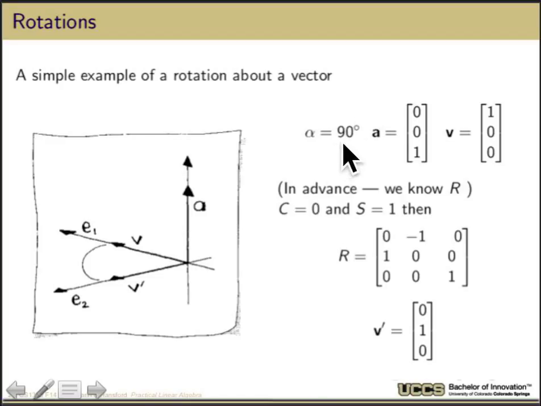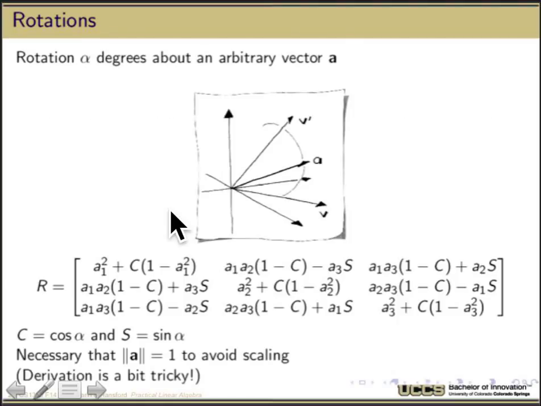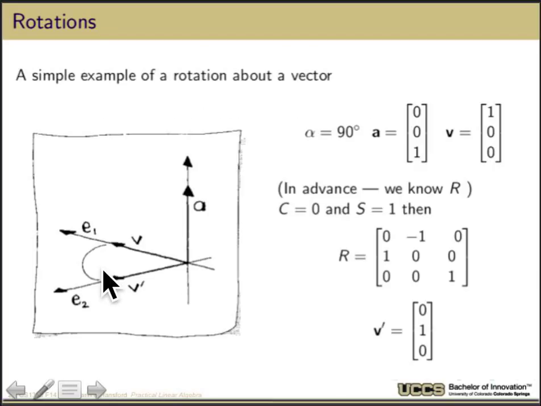So if I wanted to rotate by 90 degrees around the vector A = (0, 0, 1), and I have some vector V, because we know in advance what these numbers are, you can figure out R for that rotation: cosine is 0, sine is 1. You go back in and plug those values in, so A1 is 0, A2 is 0, A3 is 1.